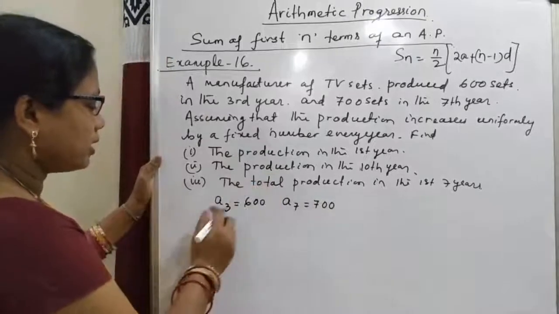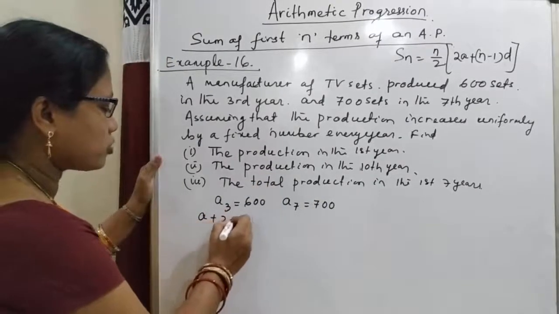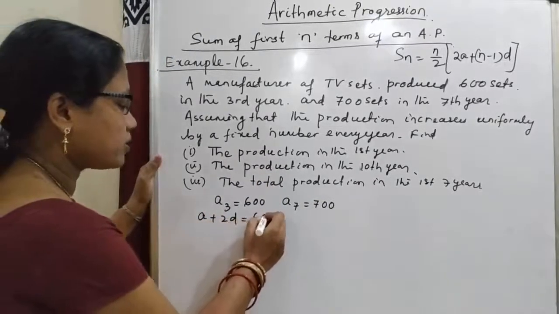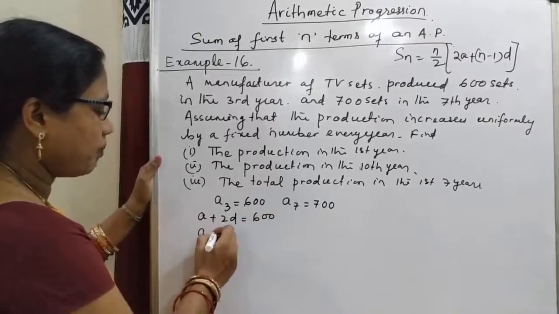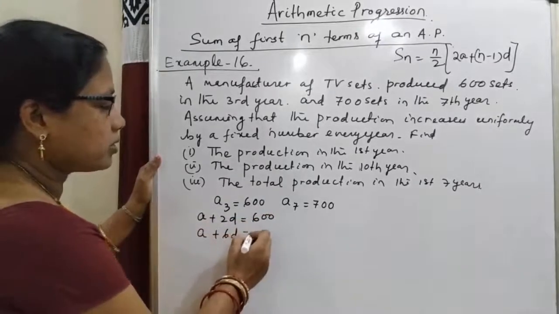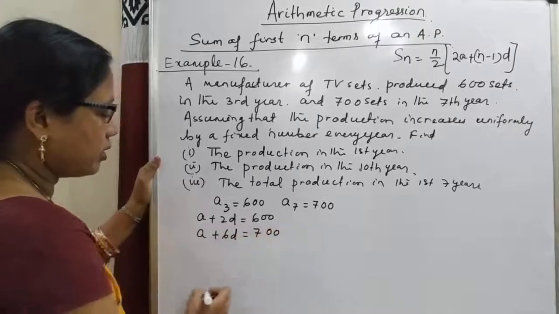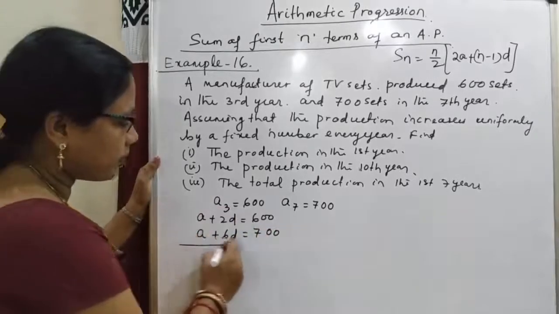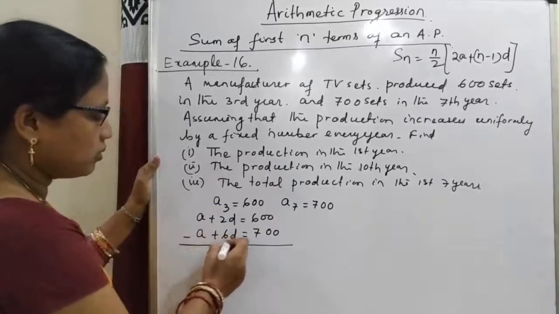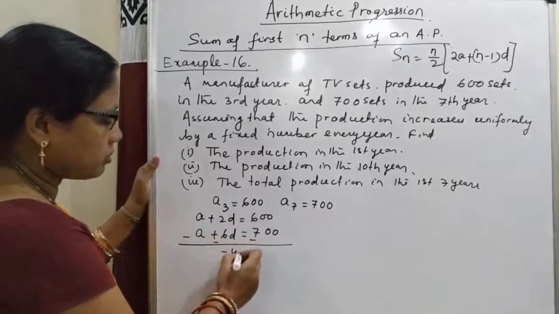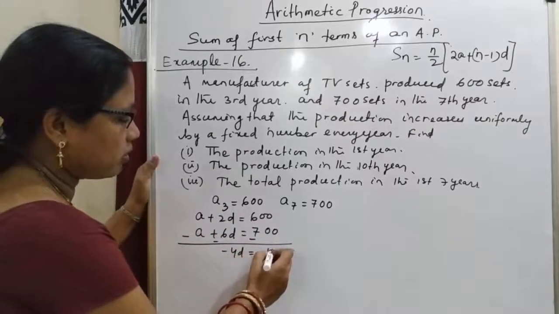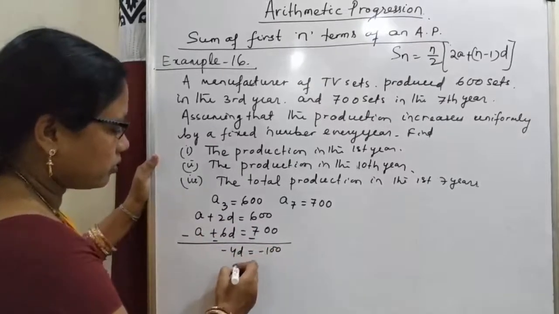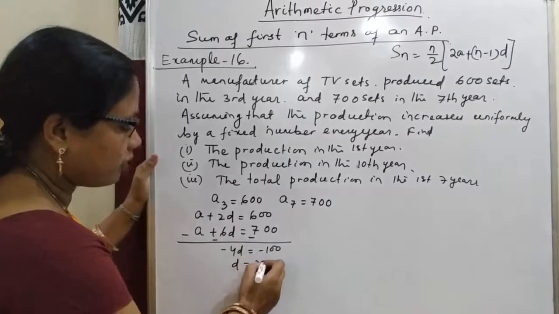So here what is A3? A plus 2D is equal to 600 and A plus 6D is equal to 700. So here if I will subtract these two equations, then this becomes minus 4D is equal to minus 100. So D is equal to 25.